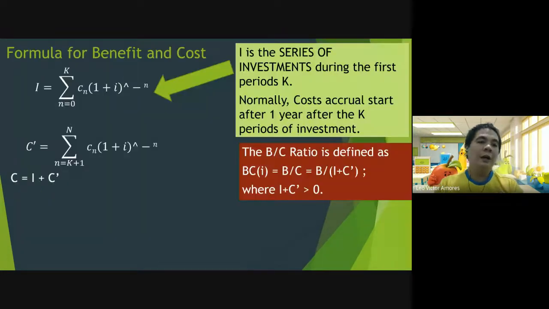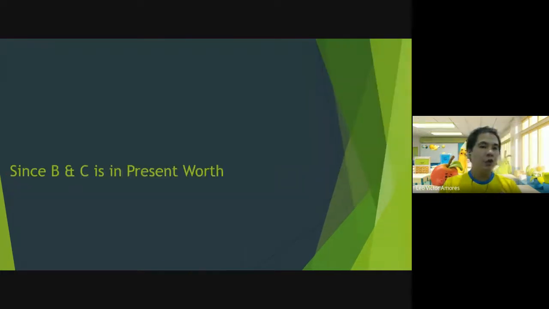So, actually for C, for the cost, when you say cost, it is justified into 2 types of cost. No? Number 1 is investment cost. These types of cost are investments or non-recurring or dili magbalik-balik. Your C hat refers to costs that are recurring.